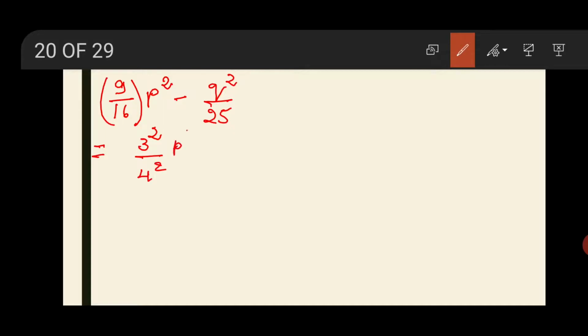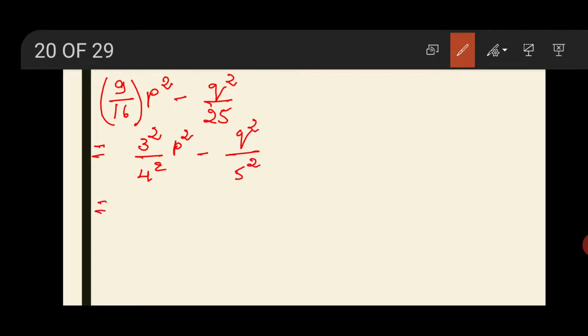And factorize 9 by 16 p square minus q square by 25 using a suitable identity. We can write 9 in the form of 3 square and 16 as 4 square. p square minus q square divided by 25, it is 5 square.